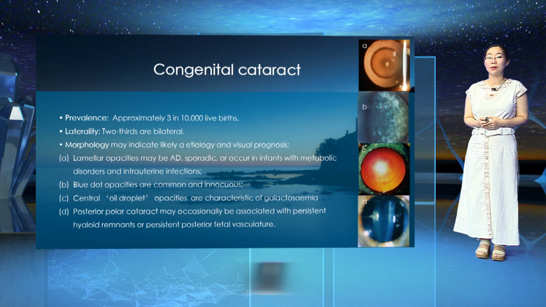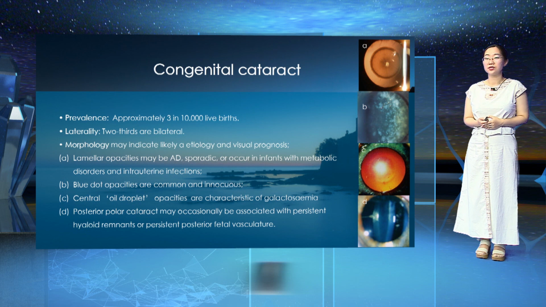Rarity, 2/3 are bilateral, and morphology may indicate likely etiology and visual prognosis. Lamellar opacities may be autosomal dominant or occur in infants with metabolic disorders and intrauterine infections.